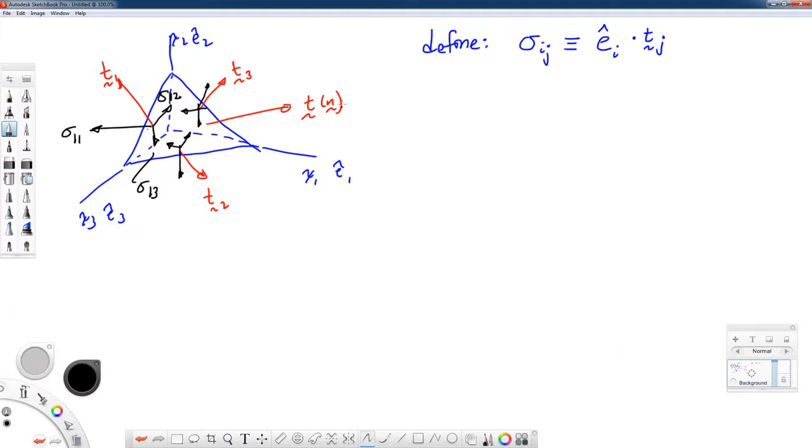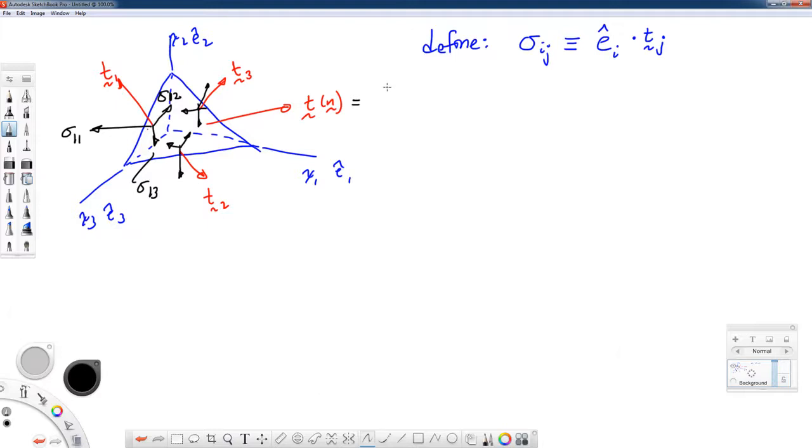This traction vector then is going to be the sum of our three components of our traction vectors. Okay. Well, let me say that a little differently. This traction vector right here has three components itself.